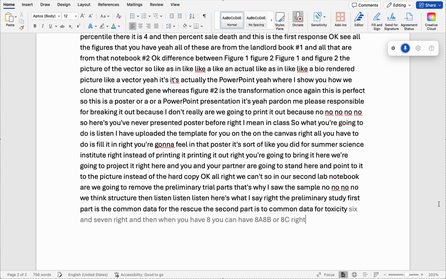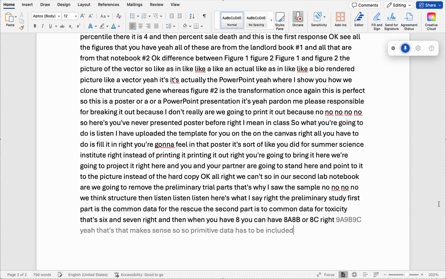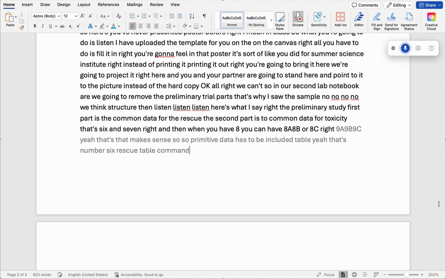Does that make sense? So preliminary data has to be included. Yes. Table number 6 is the rescue common data. Table number 7 is toxicity. Read that instruction, it's really straightforward and clear.